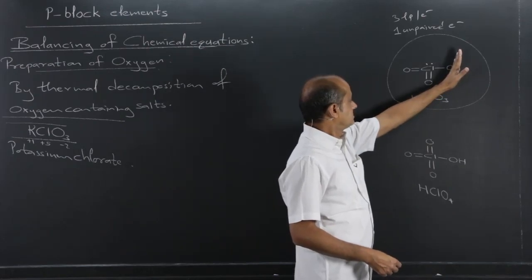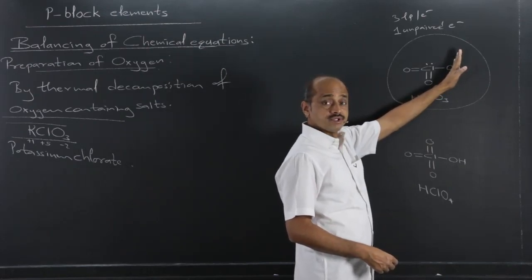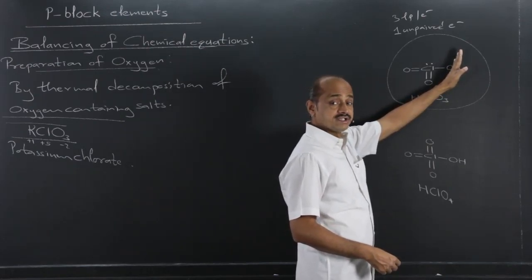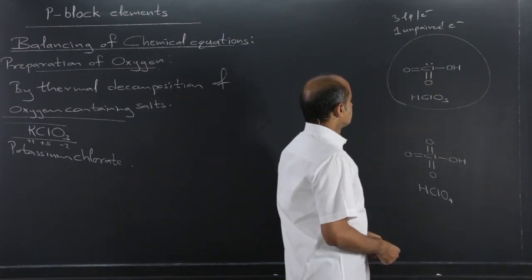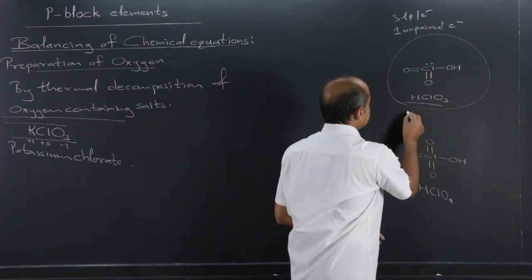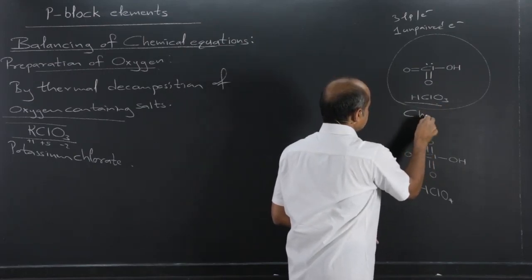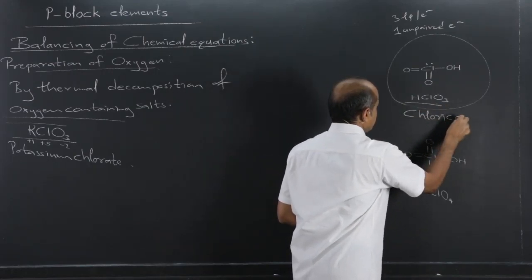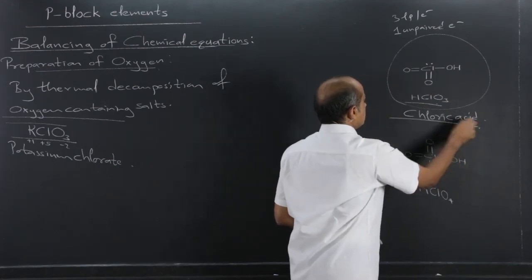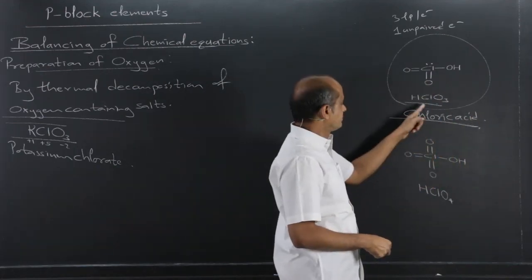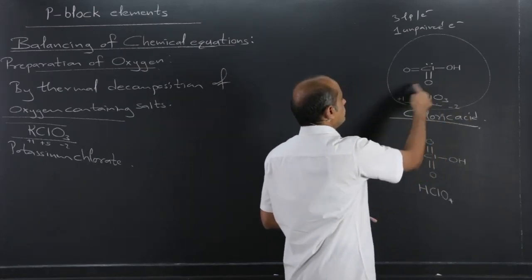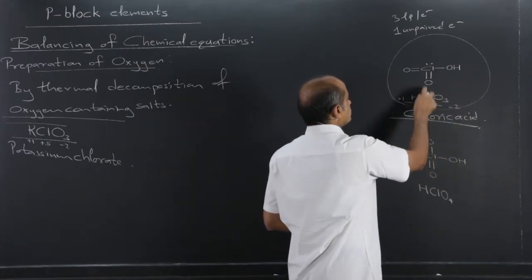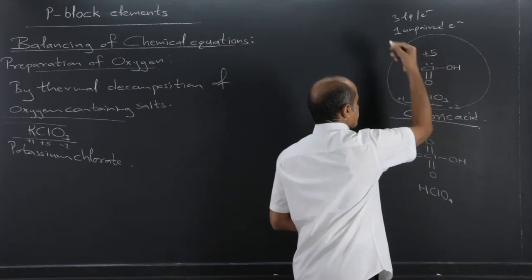Oxyacid, when dissolved in water, dissociation takes place here, ionization actually, H plus and remaining part O minus. So, this is chloric acid. Oxidation number, again the same thing, oxygen carries -2, hydrogen carries +1. If you calculate molecule as a whole, oxidation number of chlorine is +5.